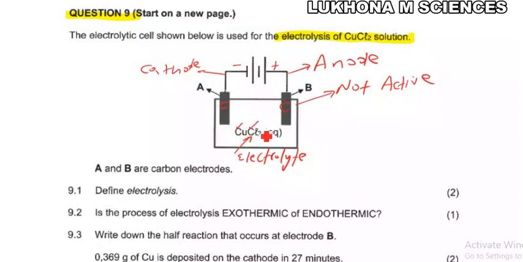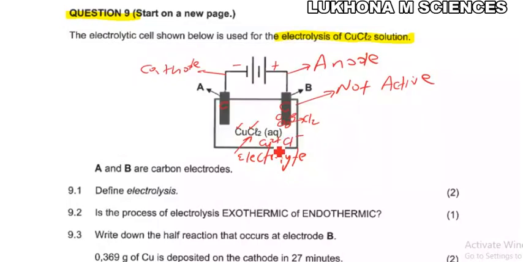So when the electrolyte dissociates in the solution, we are going to get Cu2+ and Cl-. Therefore the negative one will go to the positive electrode, which means chlorine will be stuck here, forming bubbles. Chlorine gas will be there. The chlorine gas will be formed at B.